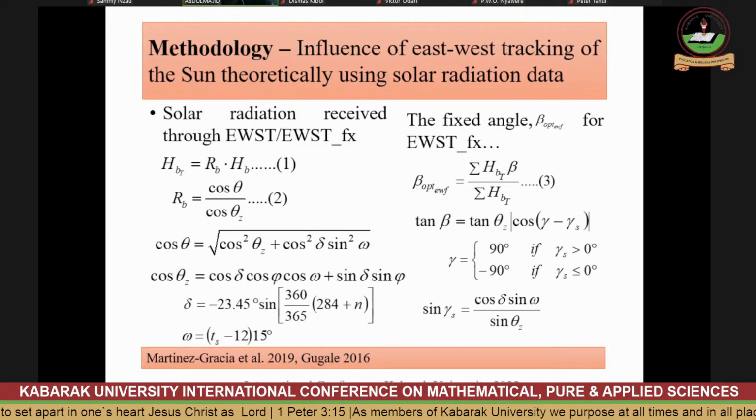Here, RB is the beam radiation tilt factor, which is calculated using equation number 2. Cos theta, where theta is the angle of incidence, is calculated using this equation.